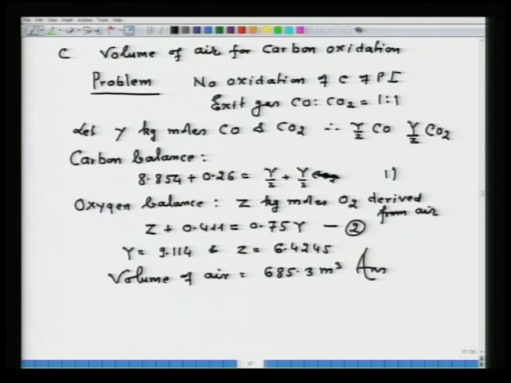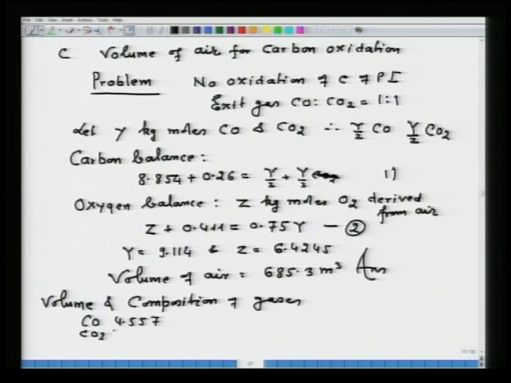Now, next I have to calculate volume and composition of gases. Volume we can already calculate: CO is half of 9.114, that is 4.557, CO2 the same, 4.557, and nitrogen will be 25.196, all in kg moles.